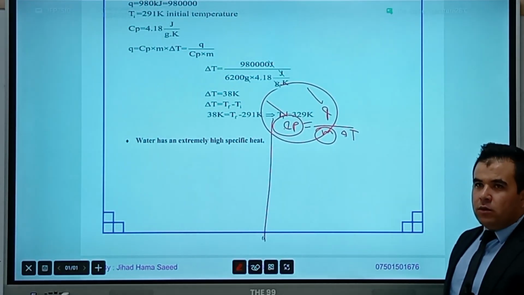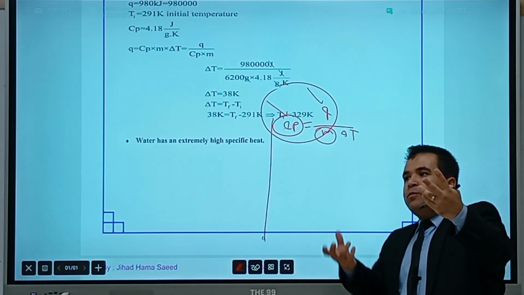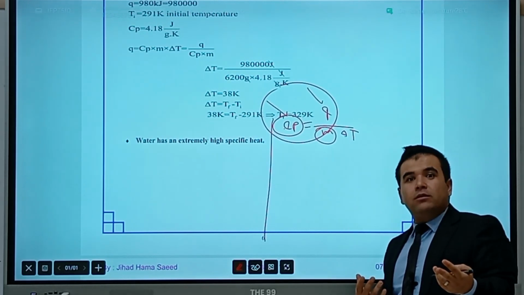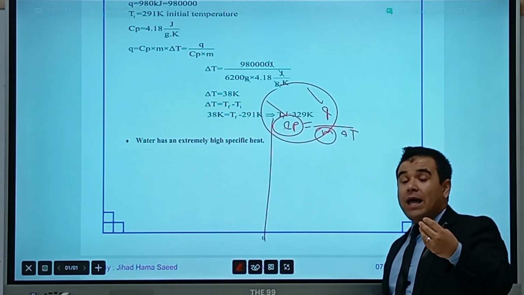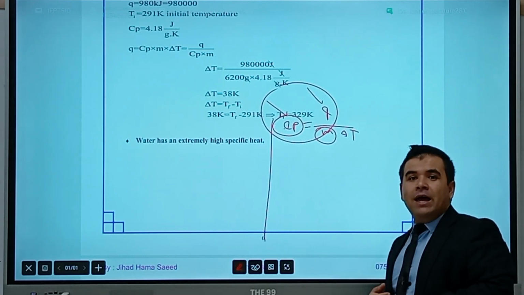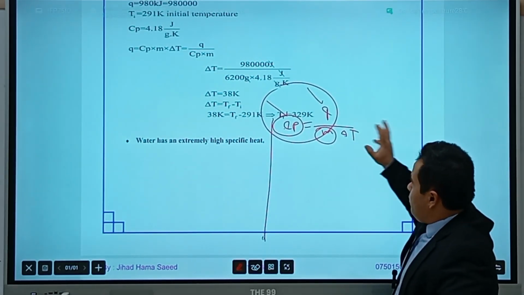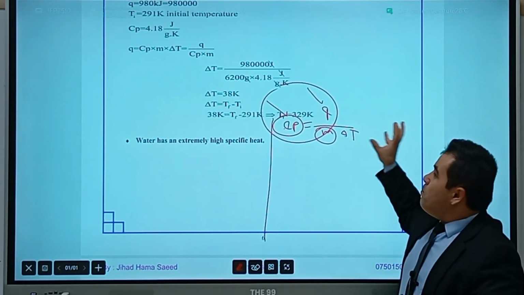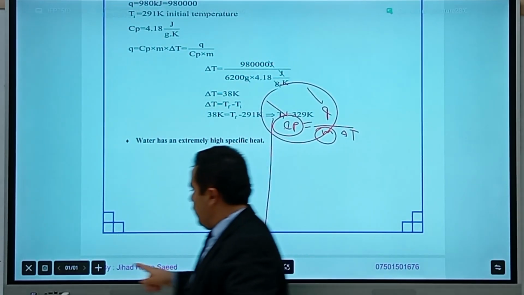Inversely proportional. So the one that has a higher Cp represents a lower change in delta T. The one that has a lower Cp represents a higher delta T. These questions depend on the mathematical relations of those quantities in the equation.